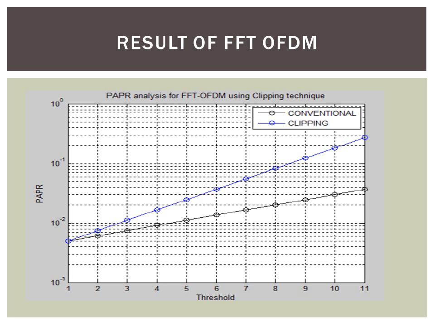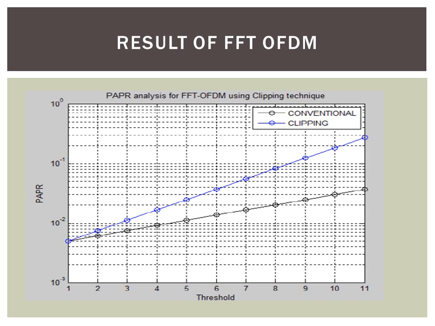Now this is the result of FFT OFDM. The x-axis is the threshold value and the y-axis is the PAPR value. The maximum value of PAPR is 1. Conventional and clipping, these are the two results.